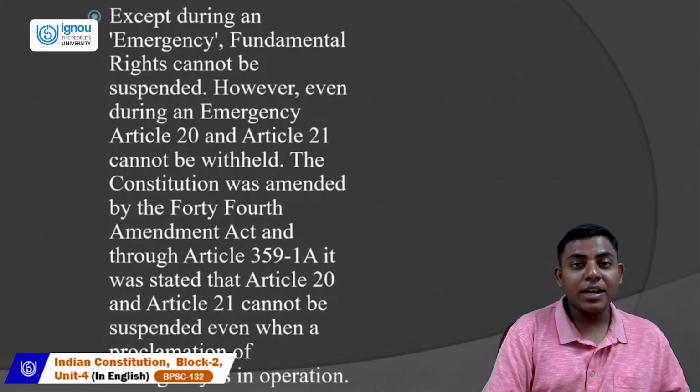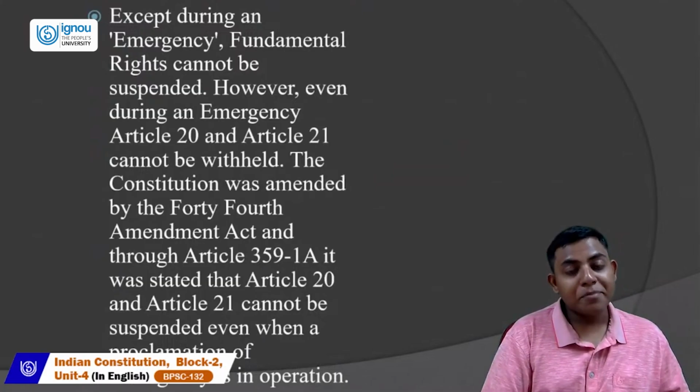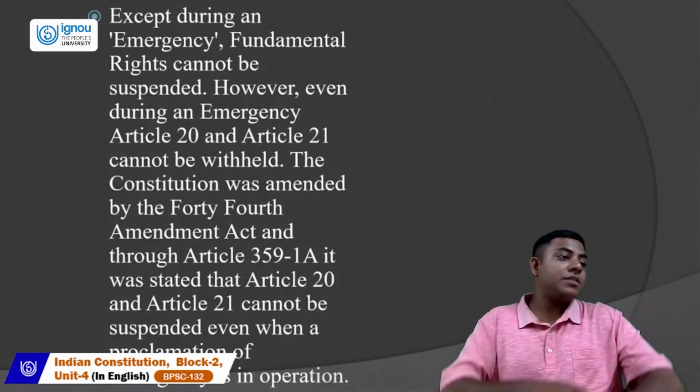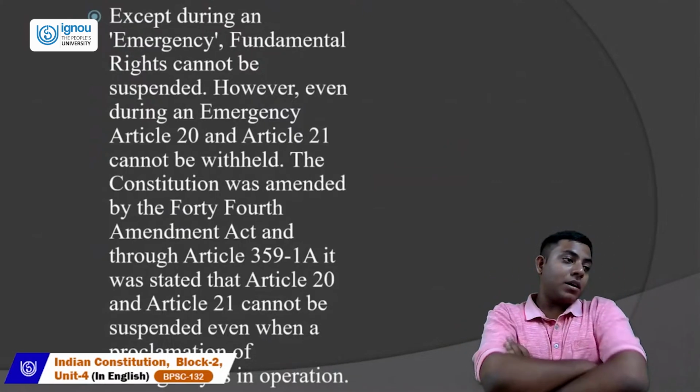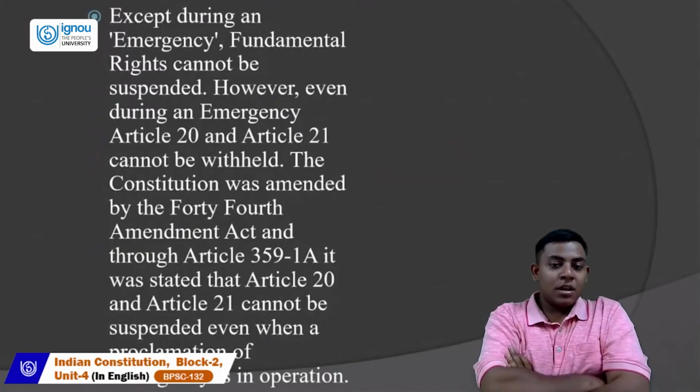And Article 29 gives the fundamental right to the linguistic and religious minorities to conserve and preserve their language, script, and culture. Then there is Article 30, which gives the right to religious minorities to administer and establish educational institutions.